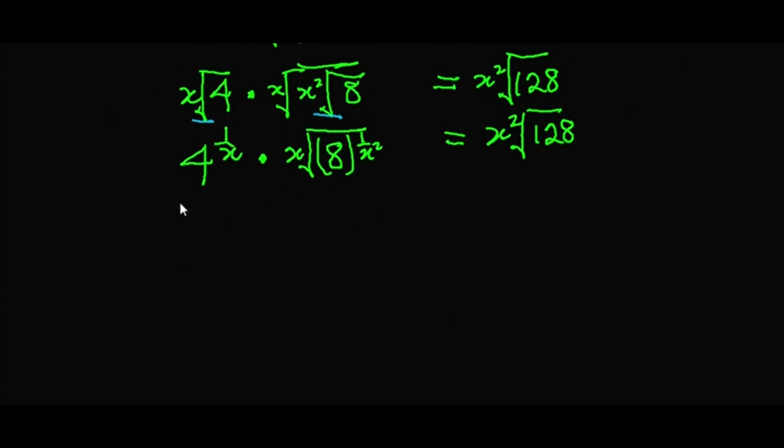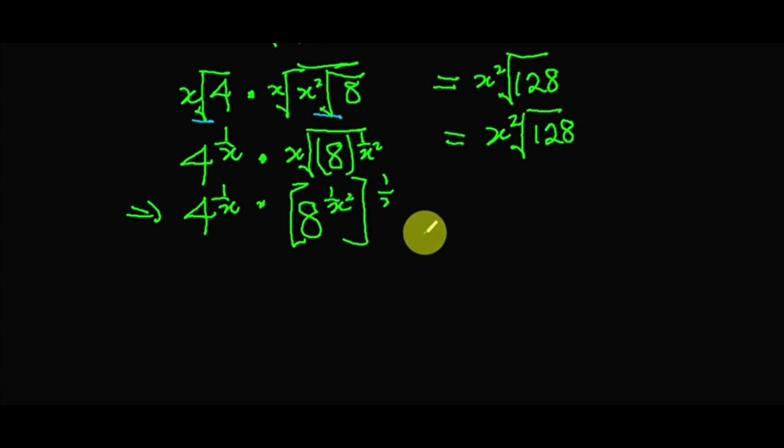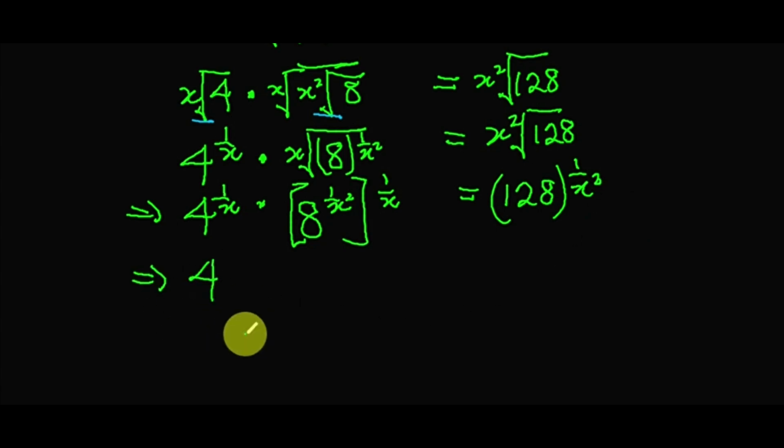So this implies 4 raised to the power 1 over x multiplied by, we apply the root to this place again, so it becomes 8 raised to the power 1 over x squared, all raised to the power 1 over x, equals 128 raised to the power 1 over x squared. So this implies 4 raised to the power 1 over x multiplied by 8.